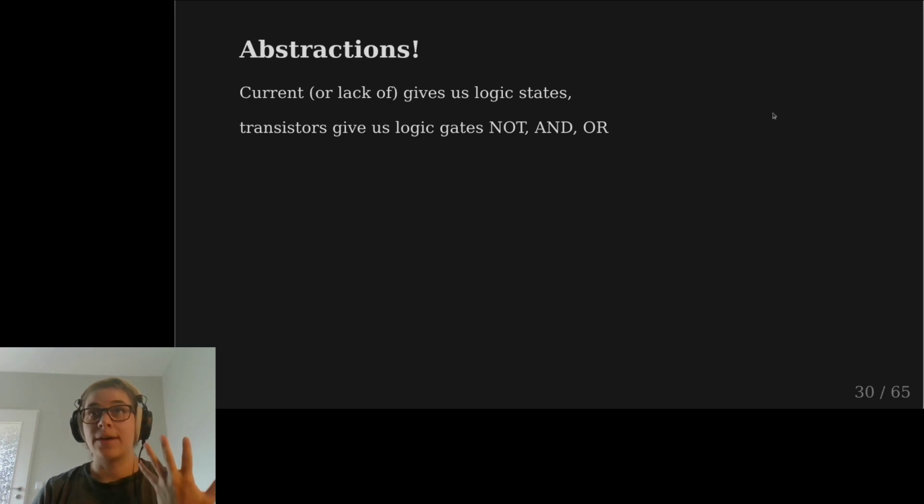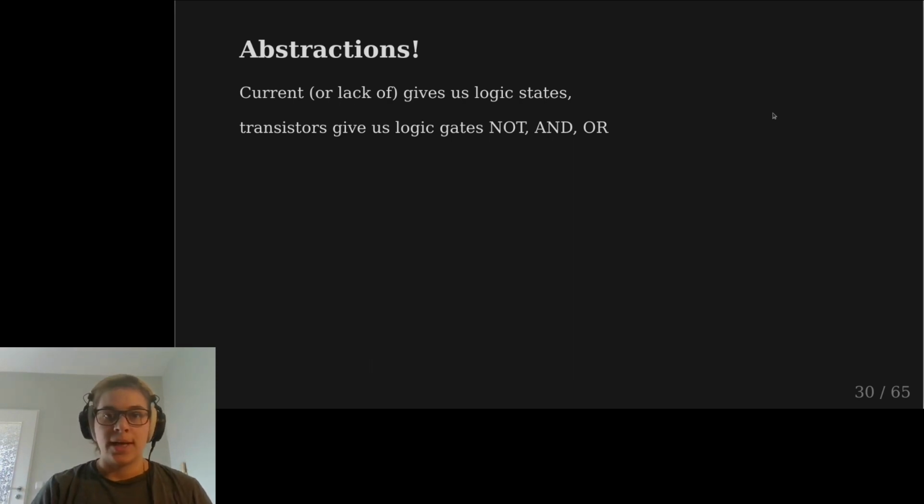From here on out, we have a working transistor, and this is the building block of everything in electronics. We have current or no current, the two states that we know as binary: true or false, 0 and 1. With transistors, we can build things that act as logical operators for Boolean algebra.